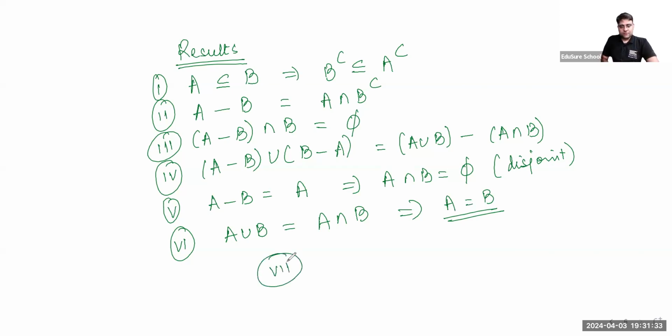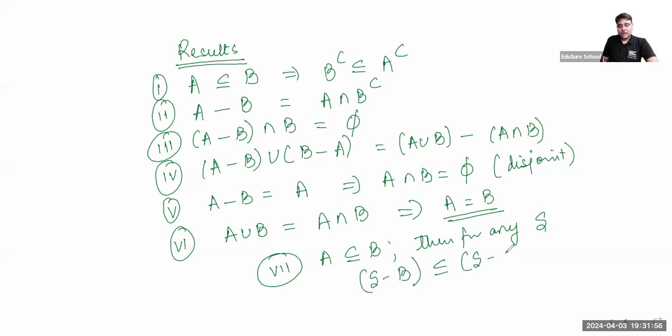Number 7. If I know that A is a subset of B, then for any other set S, S minus B will be a subset of S minus A. They are not equivalent sets, they are equal sets.